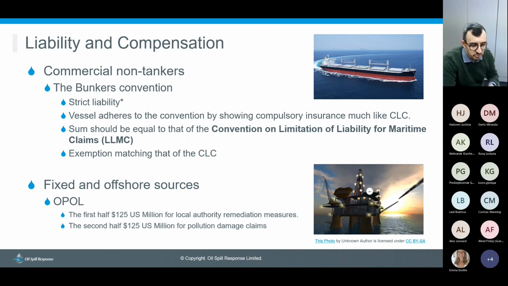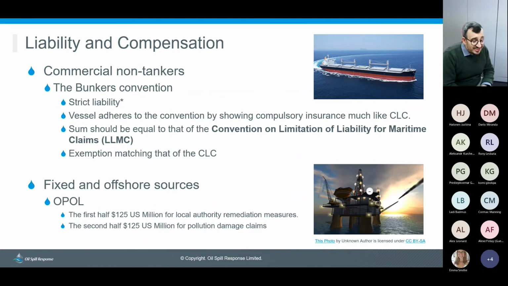And again, they'll be supported by companies such as the IOPC or ITOF. I won't be able to go into that in any more depth at this point in time, but in terms of what you need to know, it works like the Civil Liabilities Convention.